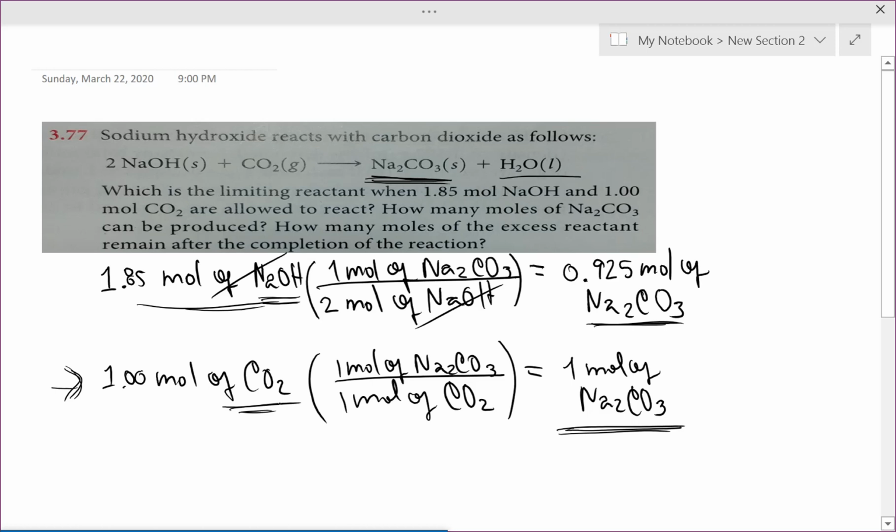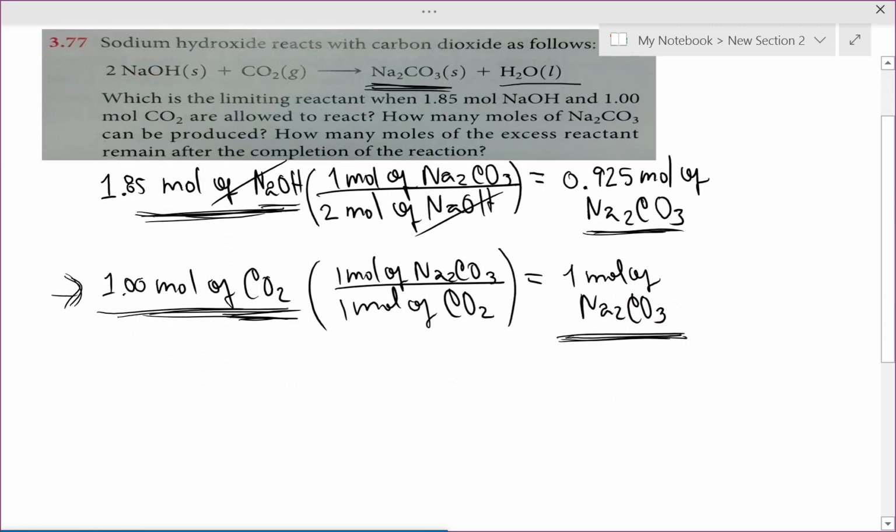So in order to solve for the limiting reactant, you can either choose the first scenario, when we assume that sodium hydroxide is a limiting reactant, or solve for the case when you assume that carbon dioxide is a limiting reactant. You should get this answer or this answer.